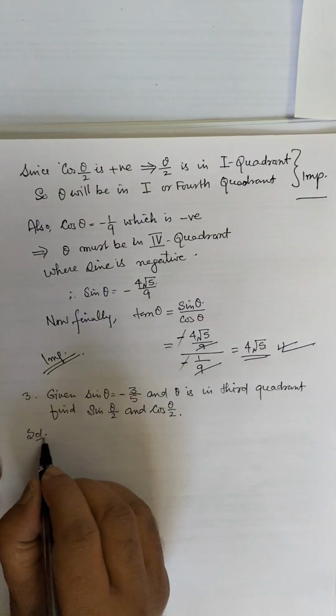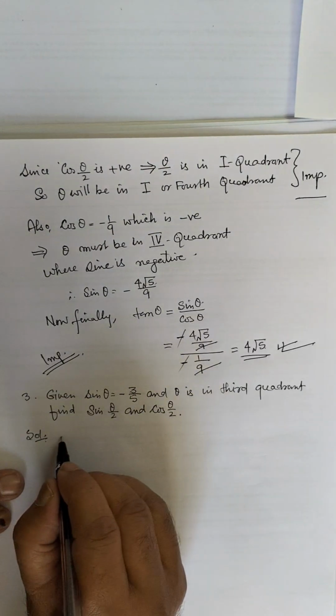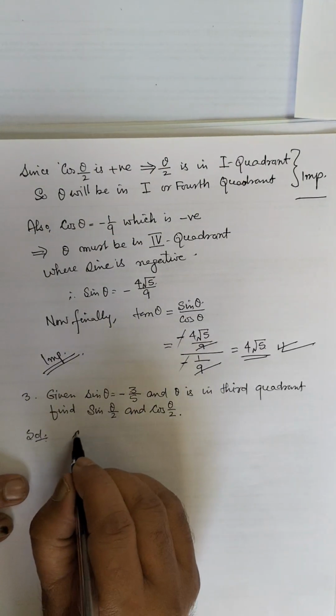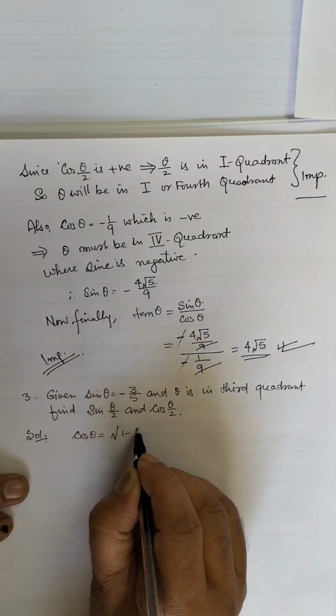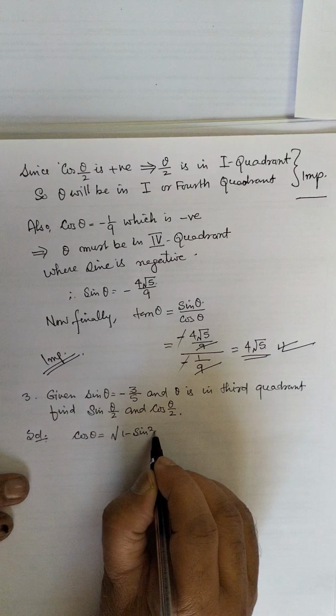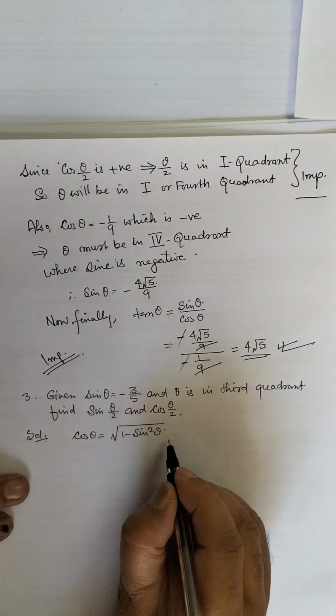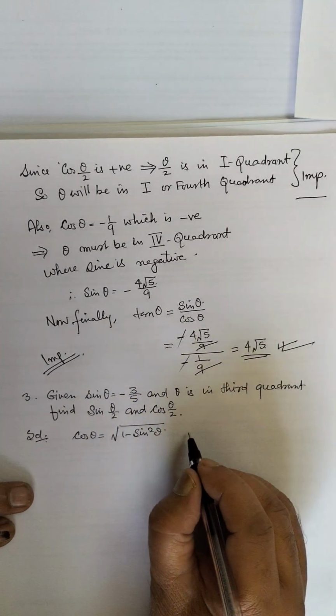Let's quickly take the solution. We know that cos theta is root of 1 minus sin square theta. This we are getting from Pythagorean identity.